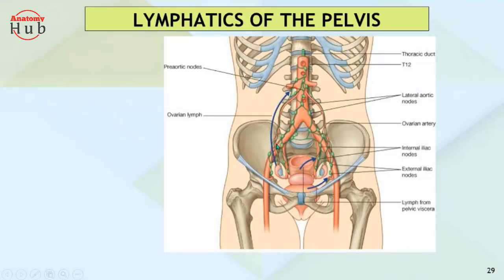Now here you can see how this external iliac artery is crossing the inguinal ligament and forming here the femoral artery, right? And here you can see the rectum over here. So this is your internal iliac artery, and from here you will find the branches to all the viscera. Okay, and here you will find the celiac trunk, the superior mesenteric artery and the inferior mesenteric artery.